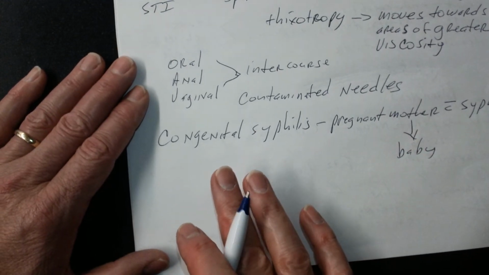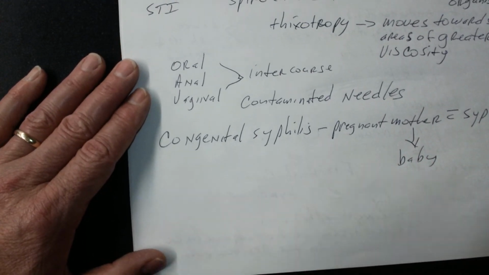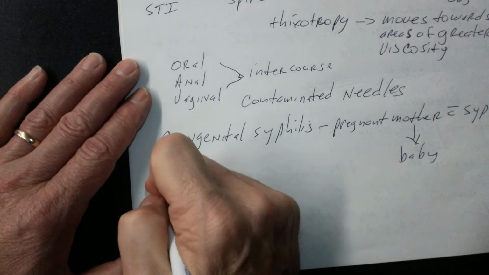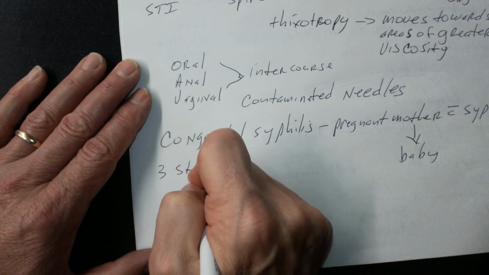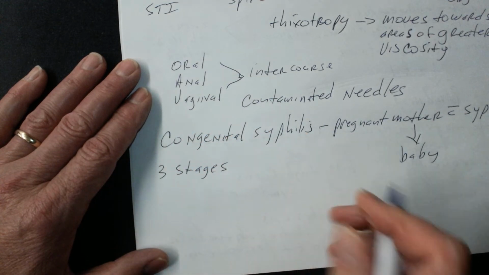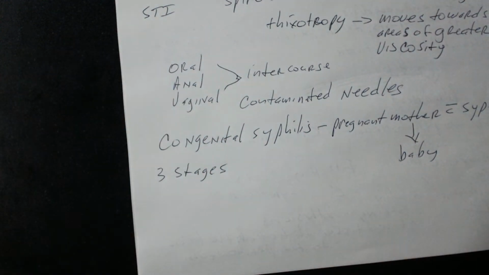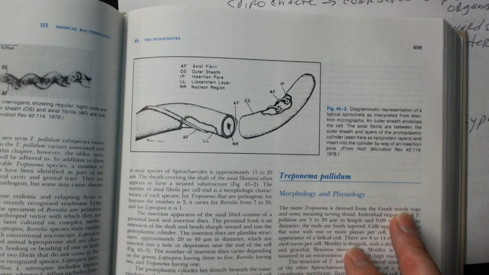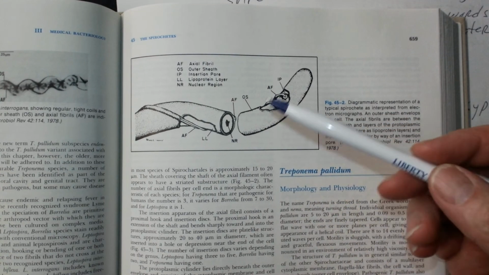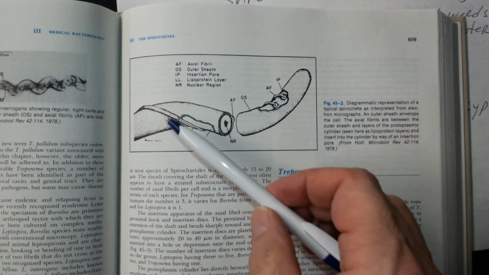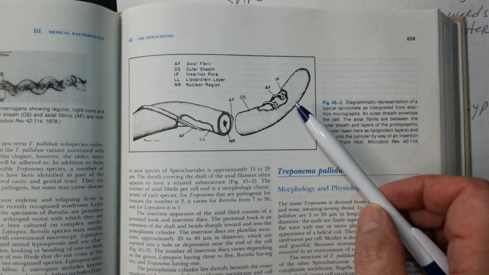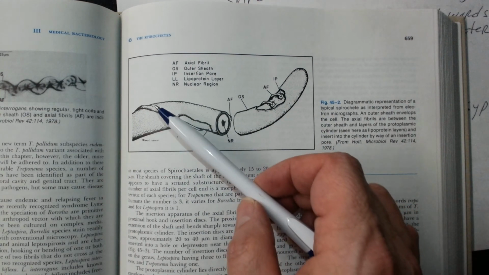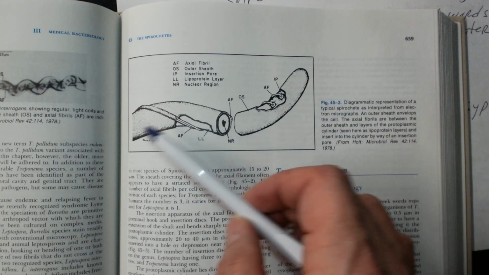Now, the pathology of this organism is still not completely understood. So there are 3 stages to this infection. And I have a nice picture of the Treponema organism here. It's a little cartoon. So the organism is a gram-negative organism. Stains very poorly, though. It has the flagella underneath the outer membrane.